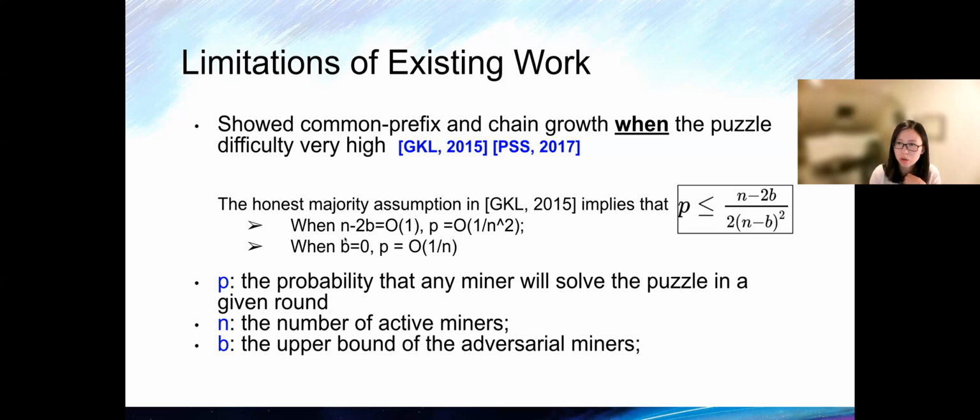In another extreme case, B equals N, where there are no adversary miners at all, this assumption still implies that even in this pretty ideal case, we need to set P to be at most on the order of 1/n.